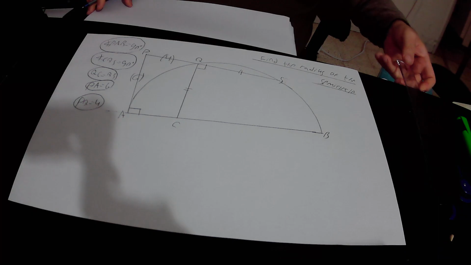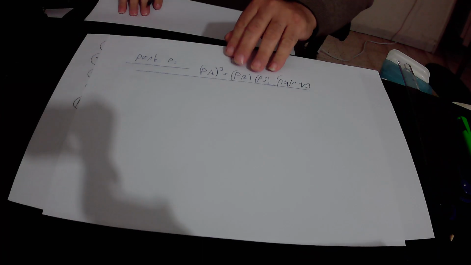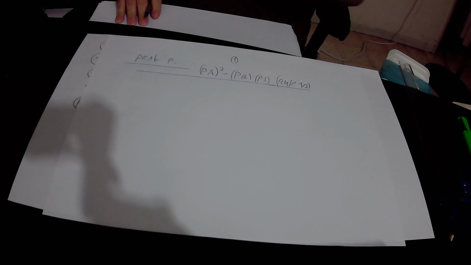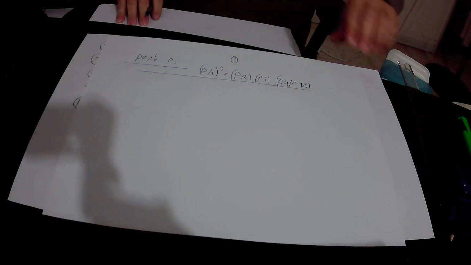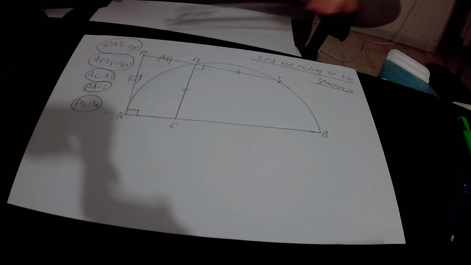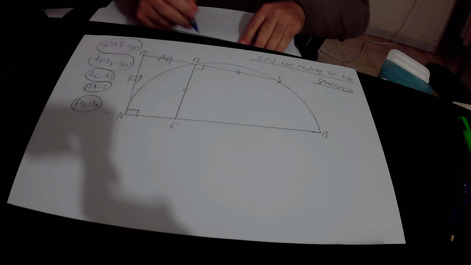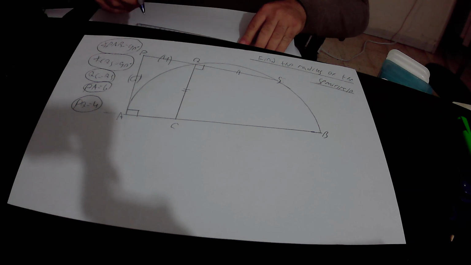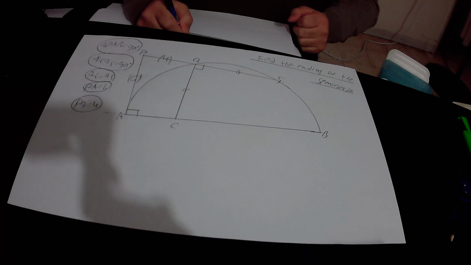Again, according to rule number 10, if we focus at point P, then PA squared equals PQ times PS. PA equals 6 units in length, therefore PA squared is 6 squared, that is 36, and it equals PQ, which is 4, times PS.